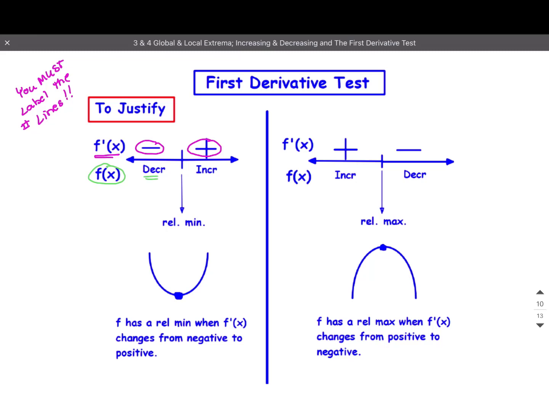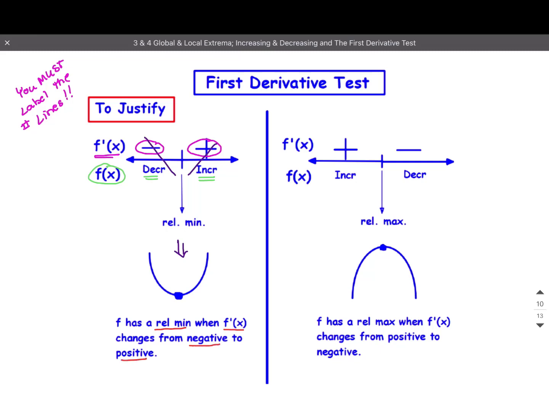If my derivative is positive, my function is increasing. Now notice, if we decrease and then increase, it makes sense that our graph looks like this, and we have a minimum. So what we would write on a test is, f has a relative minimum when f prime of x changes from negative to positive.